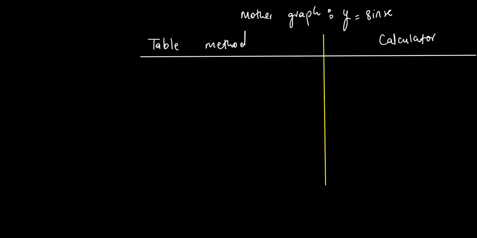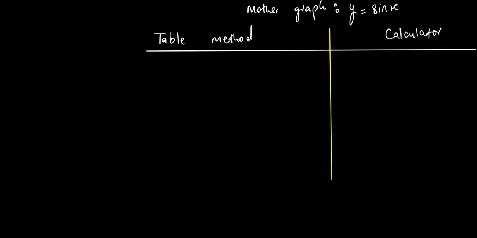So the first thing we want to do here is that we're gonna draw a table. Instead of using a regular table, I usually use something like this. This is my own table. So what you will have here, you got x, and then after that you're gonna have y. Now in terms of x, please understand that in trigonometry we are dealing with angles, right?